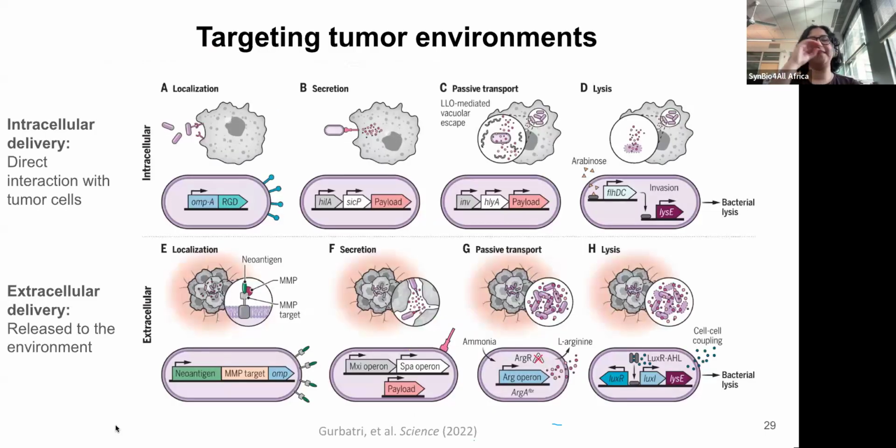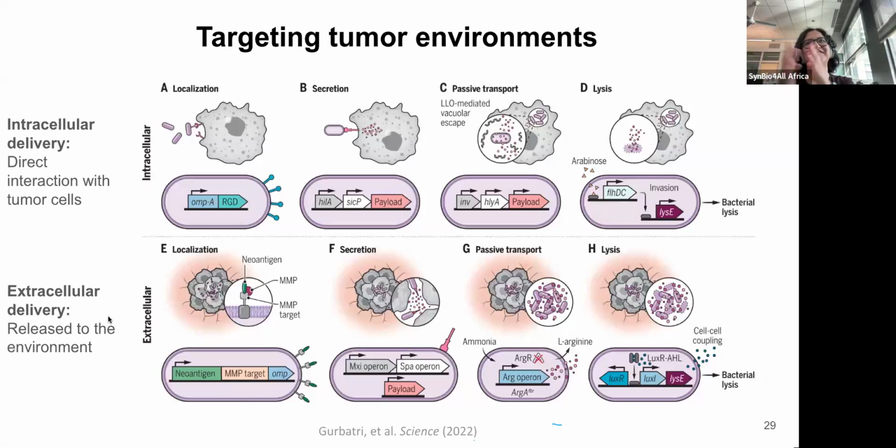And so we were talking a little bit earlier about targeting tumor environments, and there's two different ways that we can do this. We can either do intracellular delivery, where we have direct interaction with the tumor cells, or we can do extracellular delivery, which just means that it's released into the local environment.